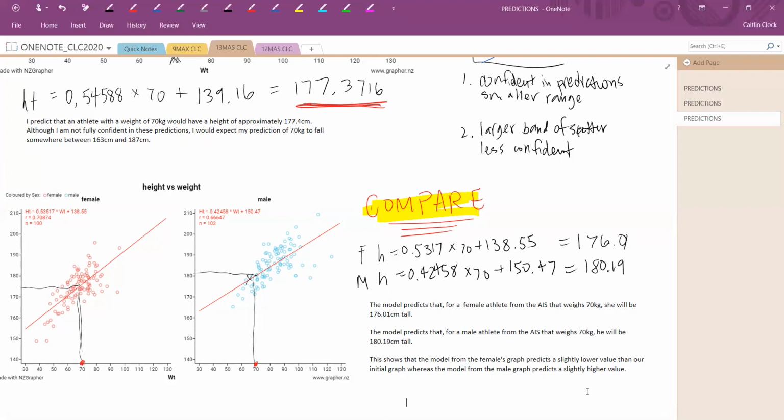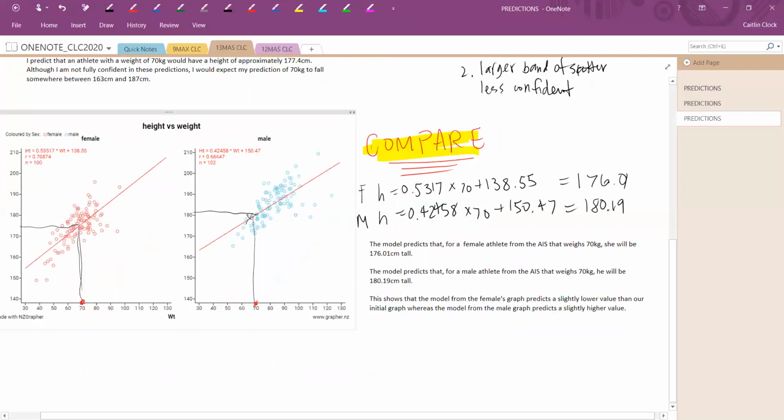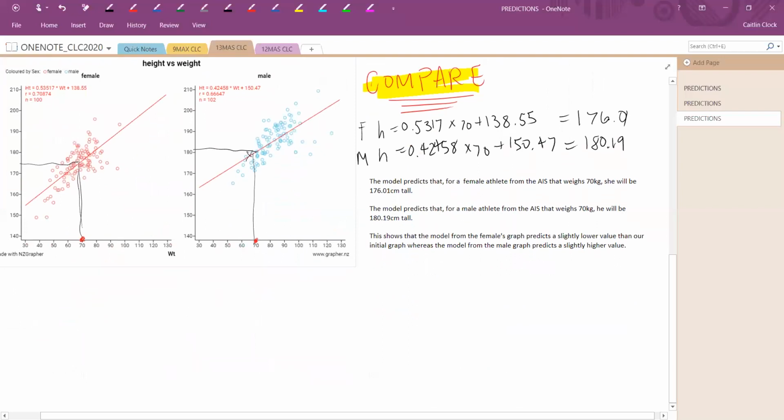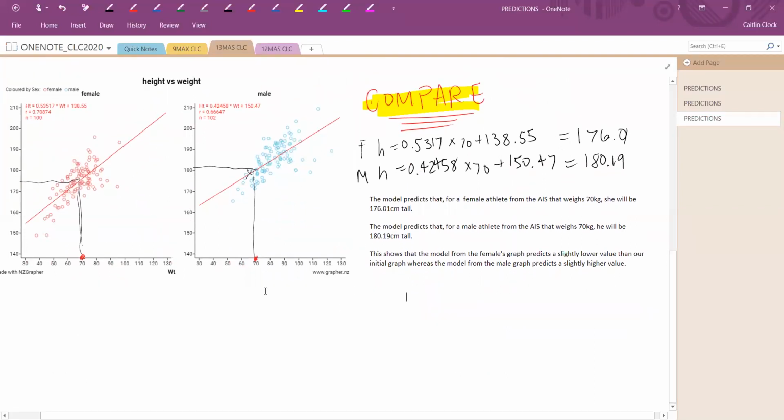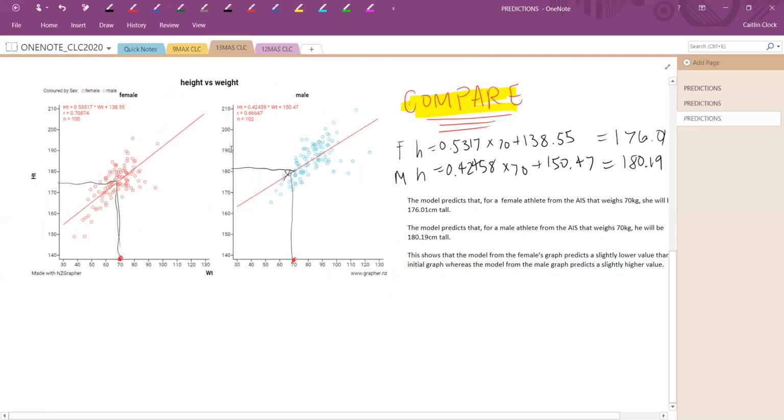Okay? Now, the next thing that we're going to do is we're going to make our band of scatter. And again, I'm going to do this a little bit quicker now because we did it in the last graph. Okay? So my band of scatter will go around about 90%, remember, of my scatter.